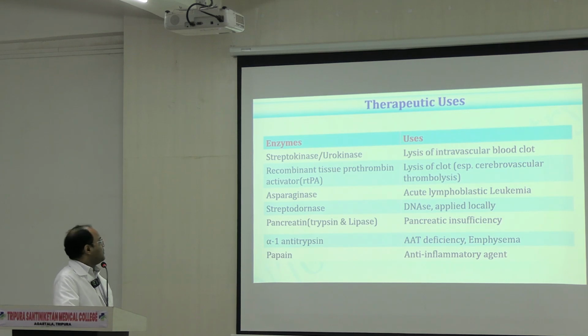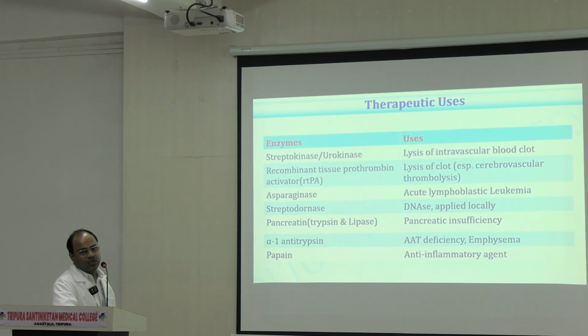Therapeutic use of enzymes, just take this picture. Streptokinase is useful for treatment of myocardial infarction to do thrombolysis, clot lysis. rTPA, recombinant tissue plasminogen activator, is useful in cerebrovascular accident.